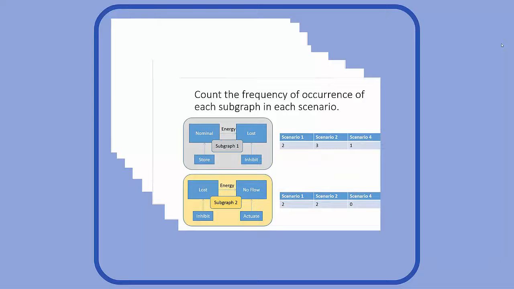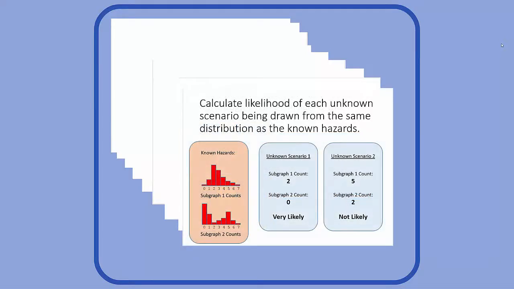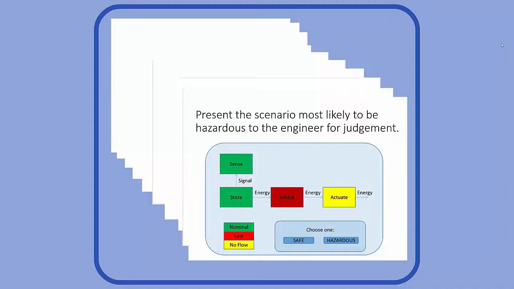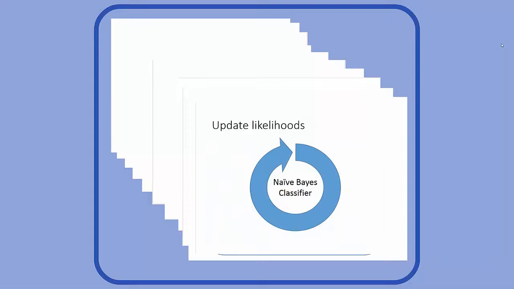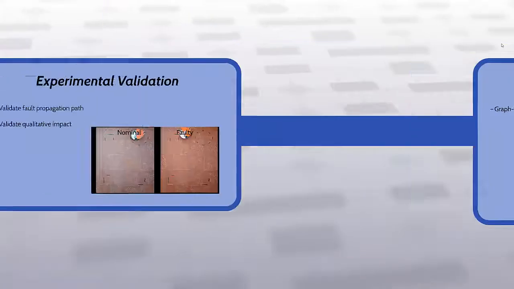We count up the frequency of those hazardous subgraphs that appear in each scenario, and finally, we identify the probability that that scenario is from a population of the known hazardous scenarios. Then we present this to the designer as an expert in the system to identify if the scenario is hazardous, and use this information to identify future scenarios.